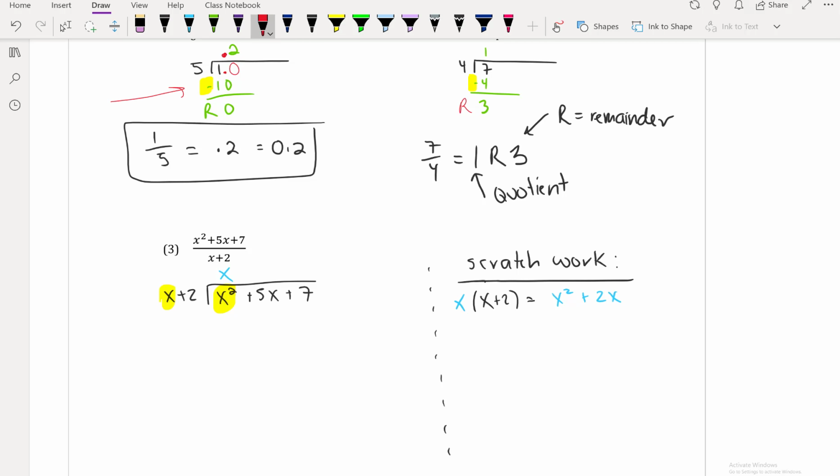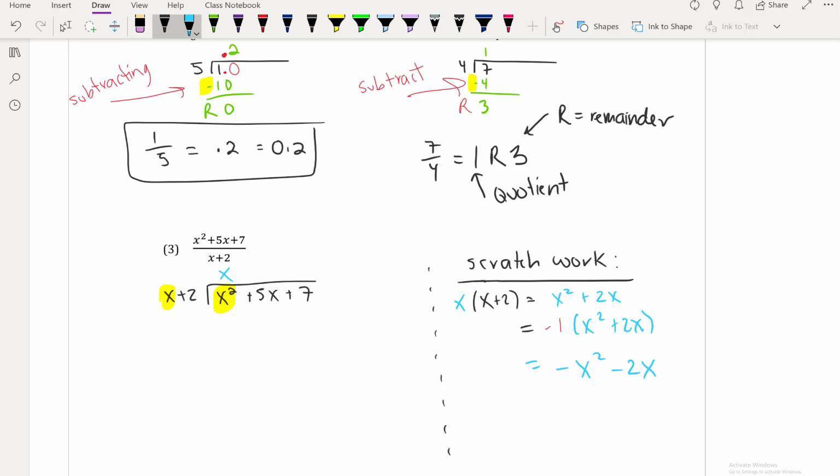So because you're subtracting, you can think of that as being multiplied by a -1. So you really end up getting negative x squared minus 2x when you multiply x times that x plus 2.